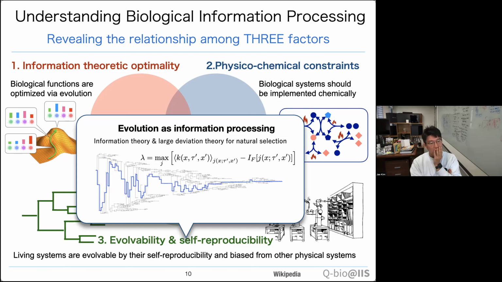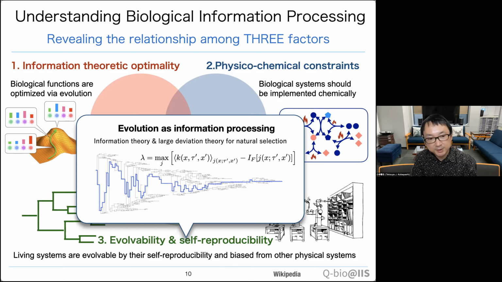Also, biological systems have the unique ability to self-replicate. These two factors may affect the possible behaviors of biological systems, and I want to understand that.